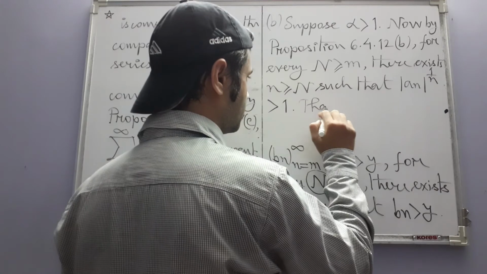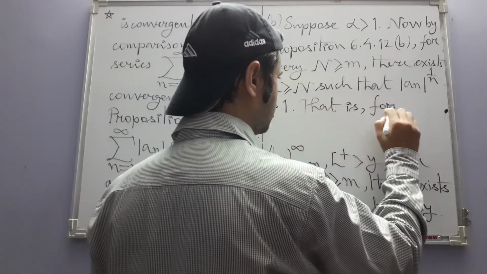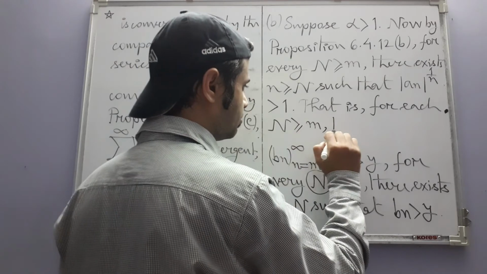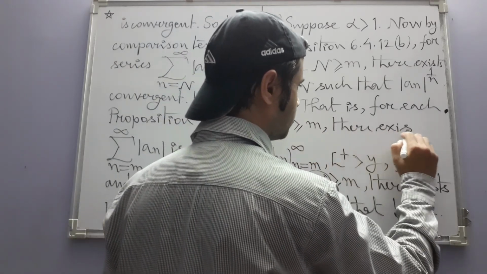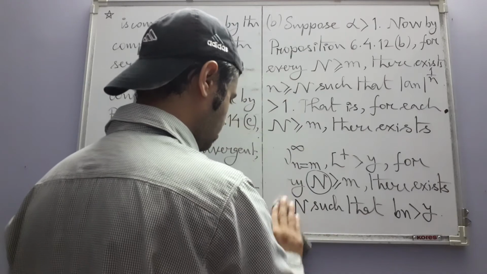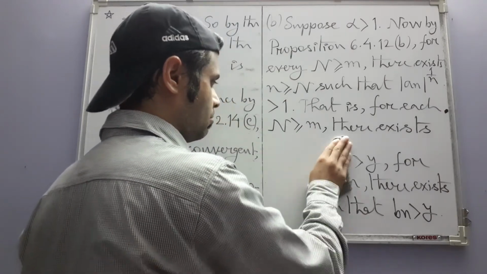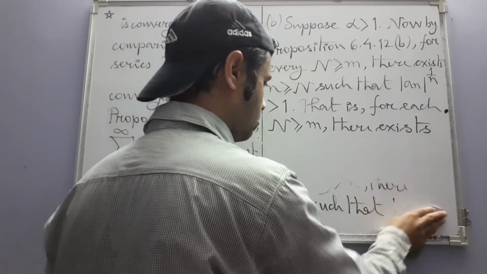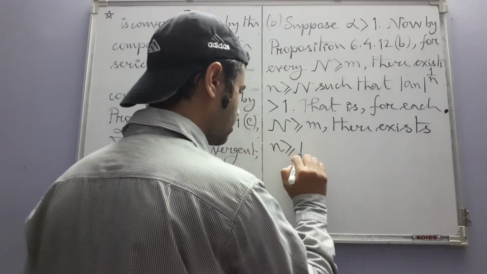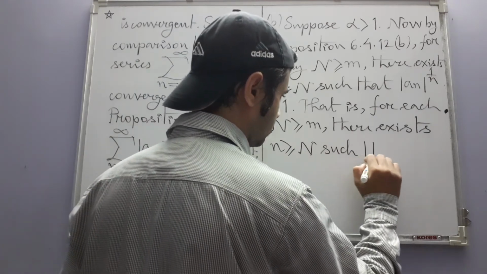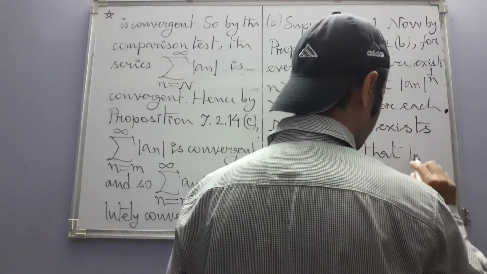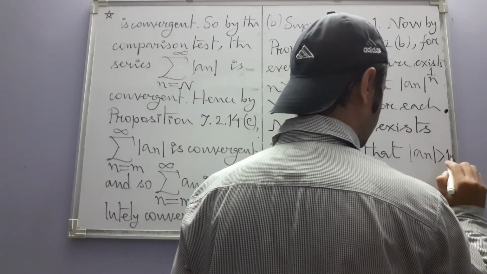That is, for each integer N greater than or equal to m, there exists n greater than or equal to N such that if the nth root has to be greater than 1, then the number itself has to be greater than 1.